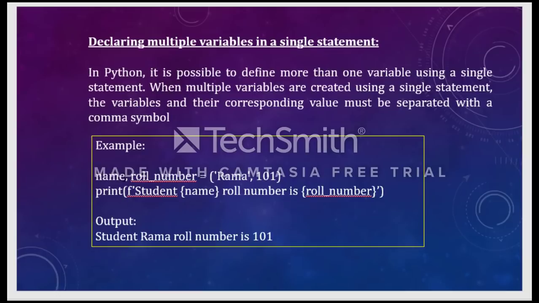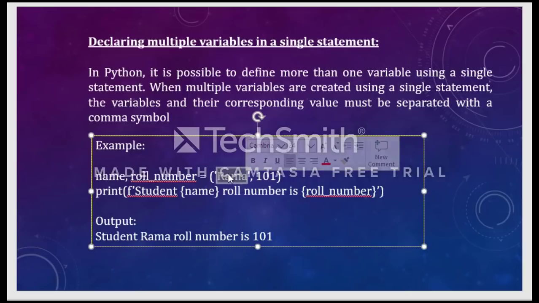Suppose I have a variable called name, then I have a variable called roll number. I can directly assign these values by writing name, roll number is equal to, then in the first parameter, I am giving the name, which is in single quotations, comma, then I am giving the value.